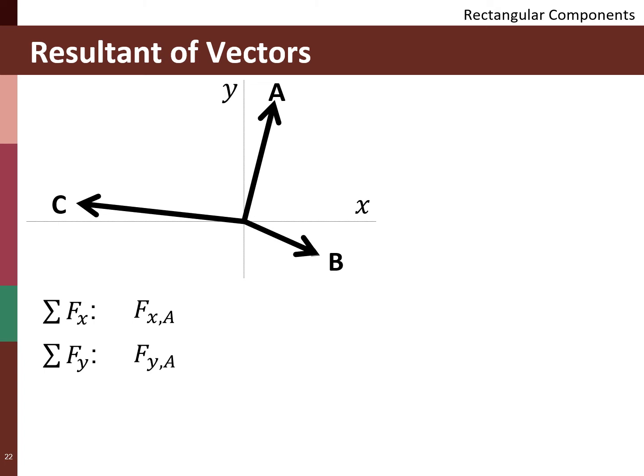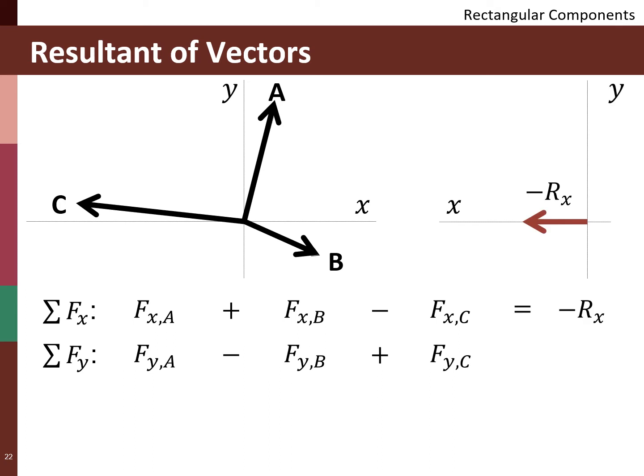For vector B, the x component points to the right and is therefore positive, while the y component points downward, thus it is negative. For vector C, x points to the left so that it is negative, and the y component points upward, thus it is positive.